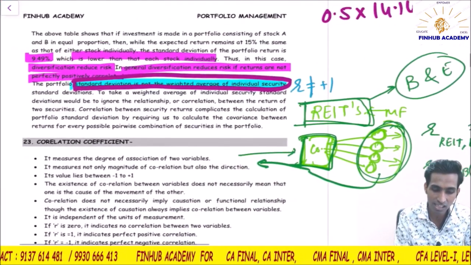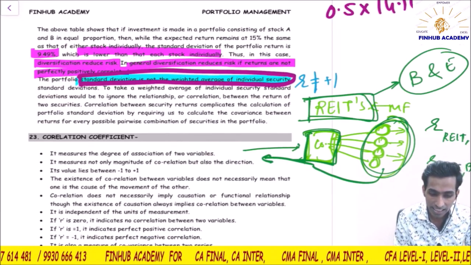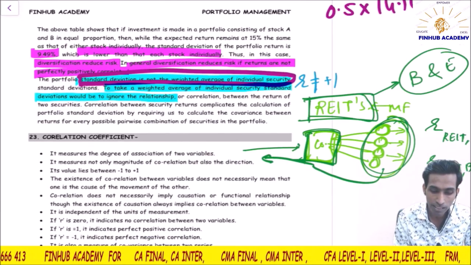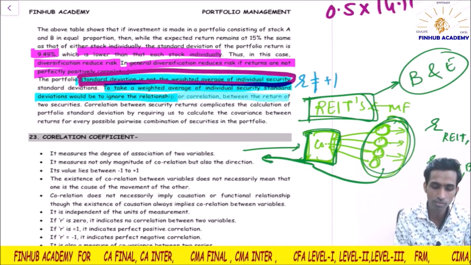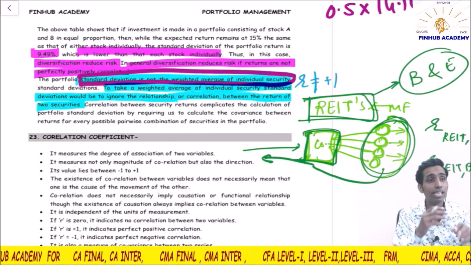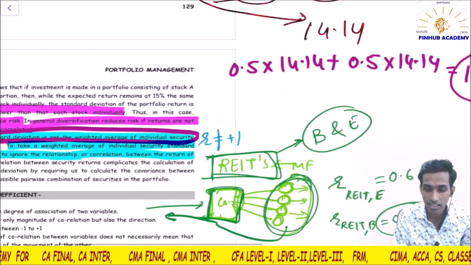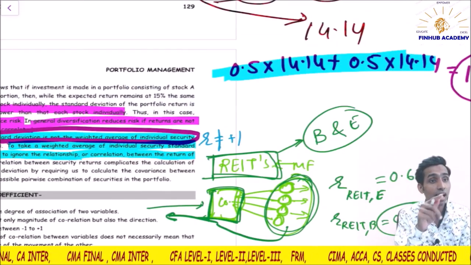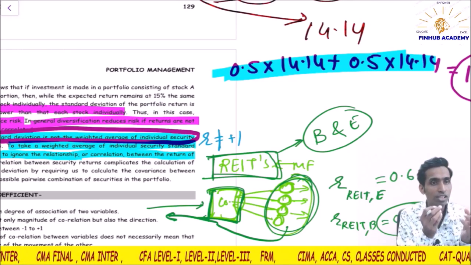I want to read this once again. To take the weighted average of individual security standard deviations would be to ignore the relationship or correlation between the returns of the two securities. If I take this weighted average, that means I'm ignoring what? The R, the correlation, the movement between the two.